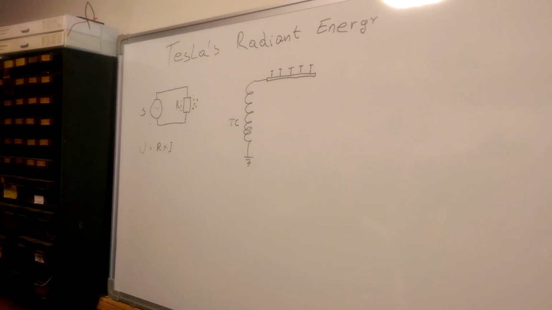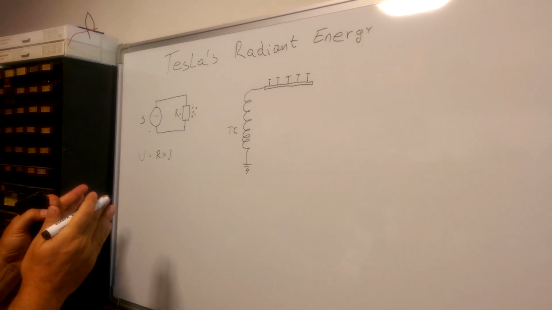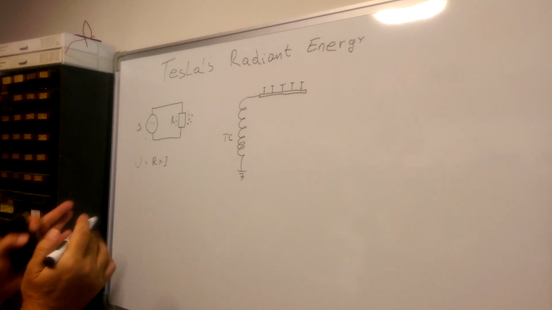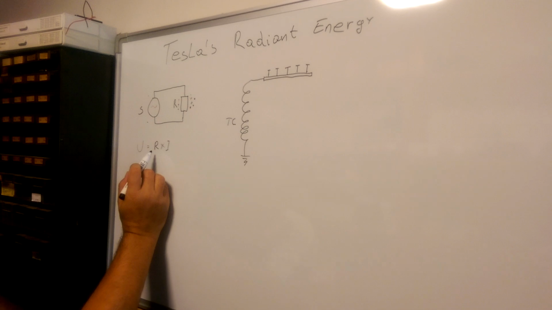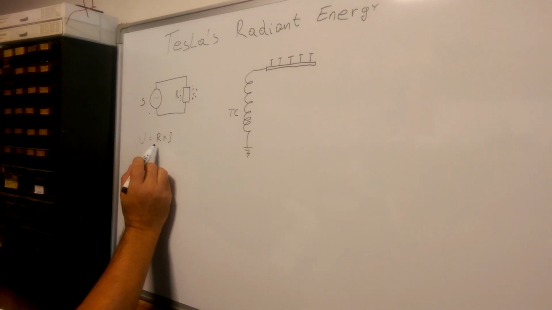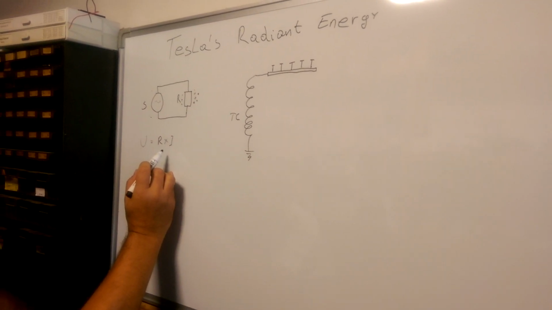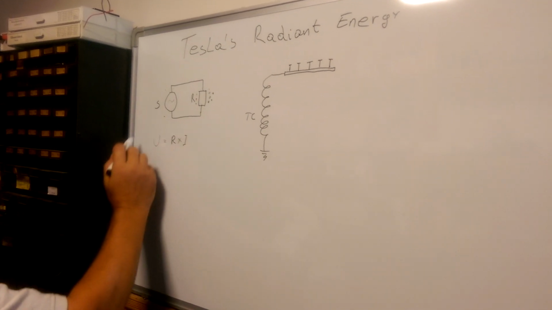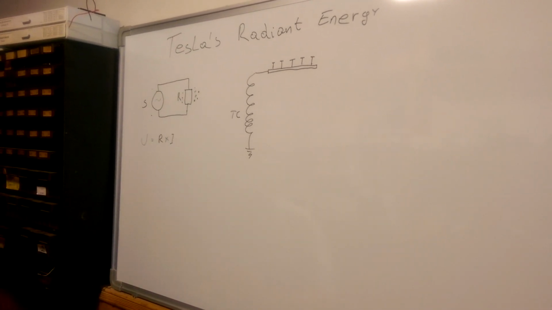If you use this formula now, we will find that a bigger value of resistor gives a bigger current, which is not Ohm's law.